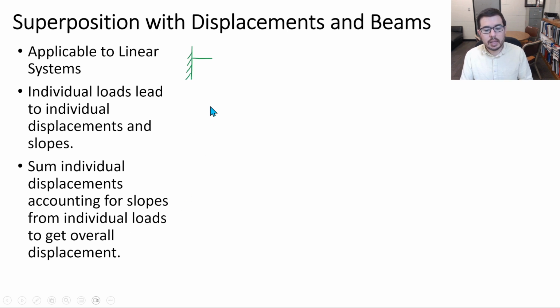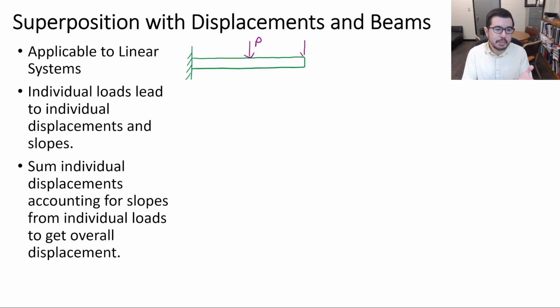So as kind of a system that we might look at, and in the next slide we'll get into more detail on this, we have a cantilevered beam. It has two loads, okay, one in the middle and one at the end, and we might be looking at the overall displacement at the right end.